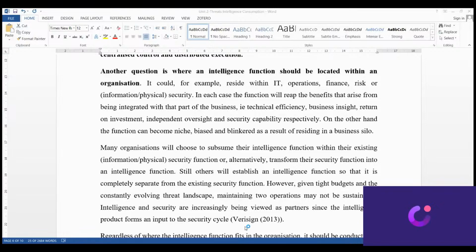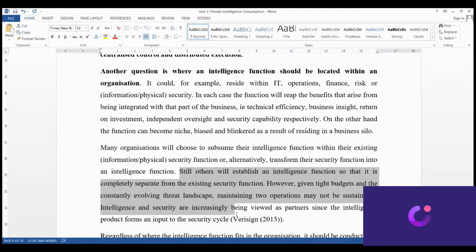Okay. Still others will establish an intelligence function so that it is completely separate from the existing security function. Okay. However, given tight budgets and a constantly evolving threat landscape, maintaining two operations may not be sustainable.